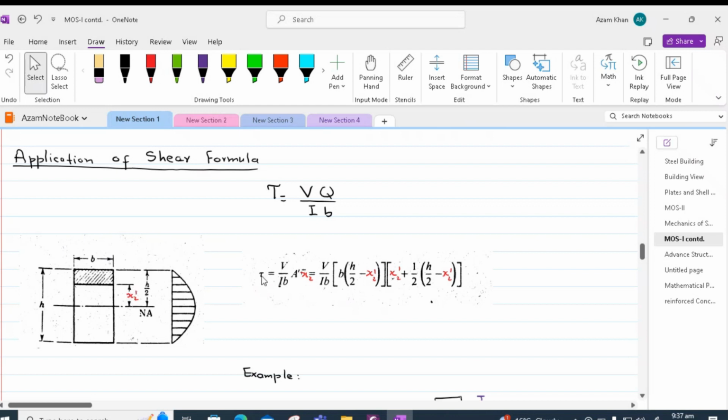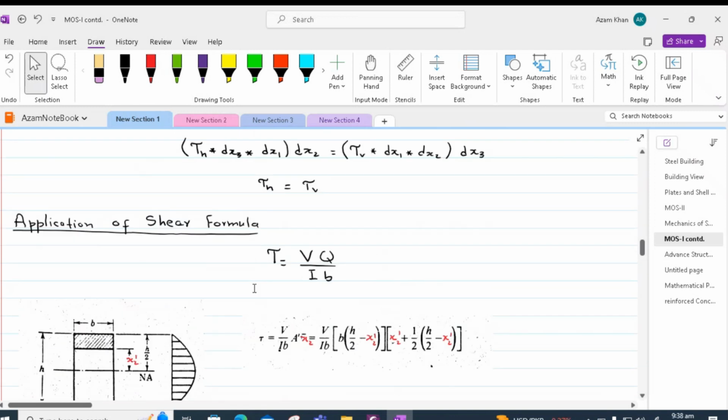That will give us the shear stress distribution. And we can see that this is actually the equation of a parabola. Hence, it is easy to appreciate now that the shear stress at the top fiber is zero, and it keeps on increasing as we move towards the neutral axis.